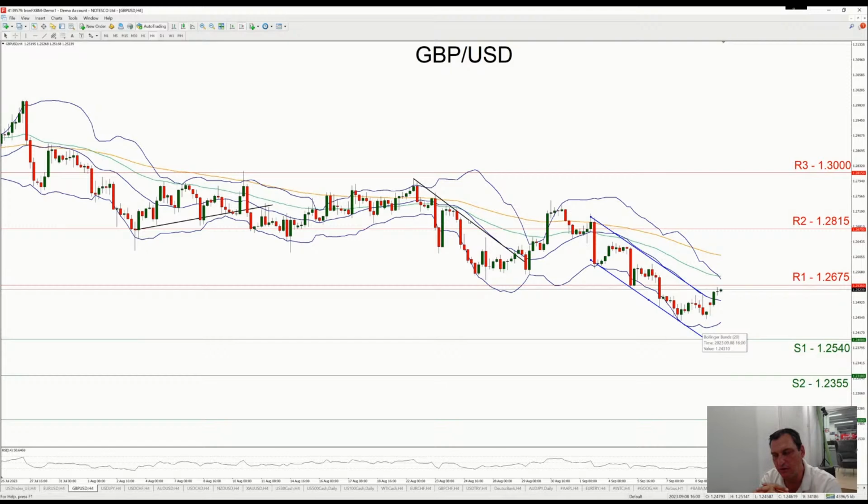I wouldn't say that they're crucial, but they could have a substantial effect on the BOE's interest rate decision. I think it's next week. So let's keep an eye on it tomorrow as well.